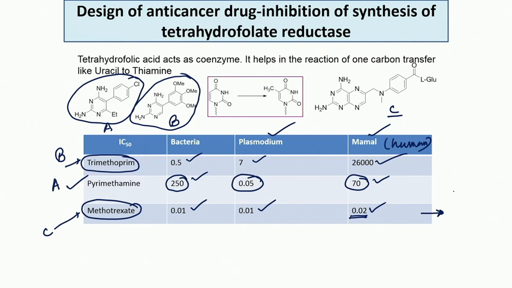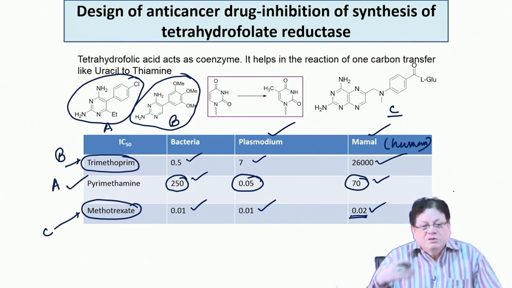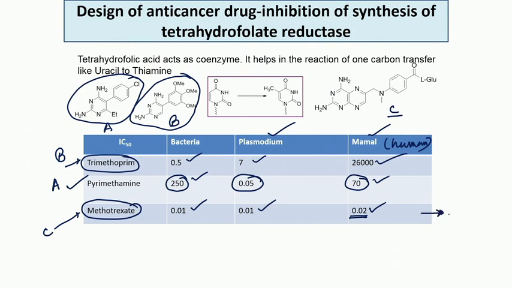The cells which grow very fast are the cancer cells. The cells which grow very fast will be the major target of methotrexate. So, methotrexate is used as an anti-cancer agent. Okay. This is your antibacterial and that is the anti-malarial.